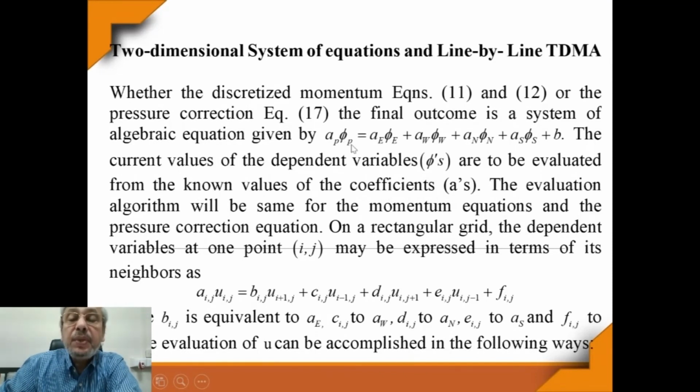So phi P means Uij or Vij or Pij with its coefficient. This is the eastern neighbor, Ui plus 1j, and its coefficient. Western neighbor Ui minus 1j and its coefficient. Northern neighbor Uij plus 1 and its coefficient. Southern neighbor Uij minus 1 and its coefficient, plus b.